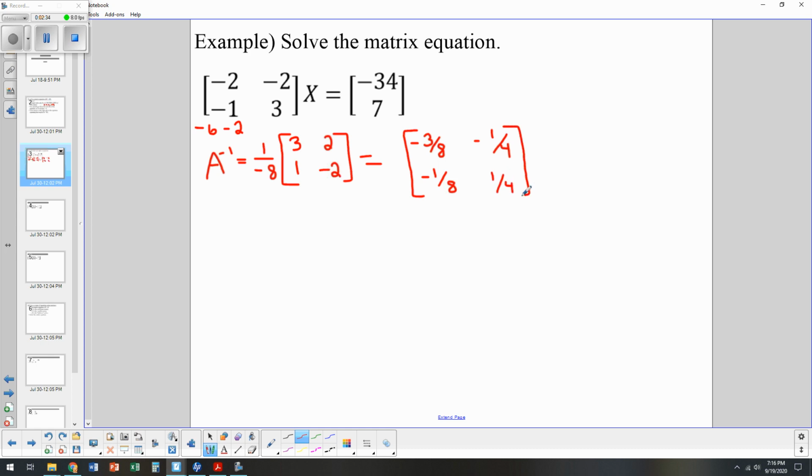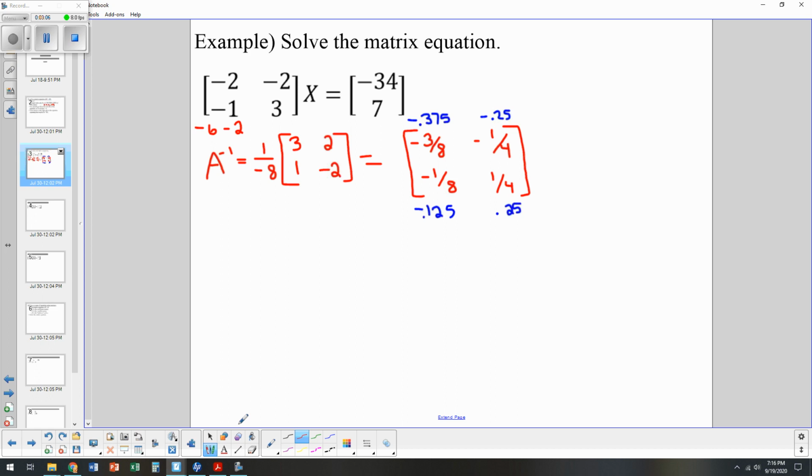If you're more comfortable with decimals, since these do round nicely, you can do that. So this could be negative 0.375, negative 0.25, negative 0.125, and positive 0.25.